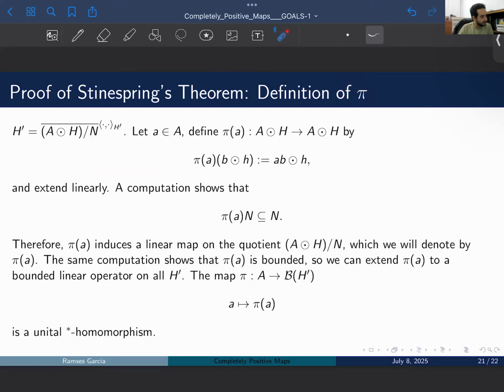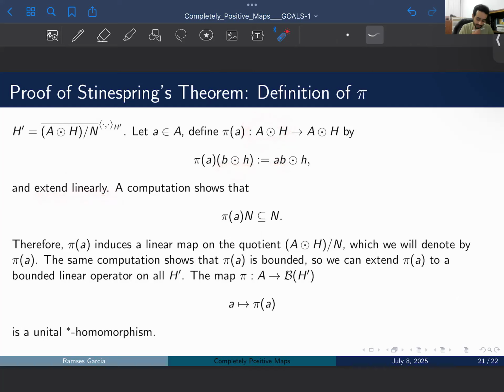For each element A, we define P of A on A tensor H to N tensor H in the natural way. When we evaluate an elementary tensor, we just multiply on the first entry and extend linearly, because every element of the tensor product is a linear combination of elements of this form.